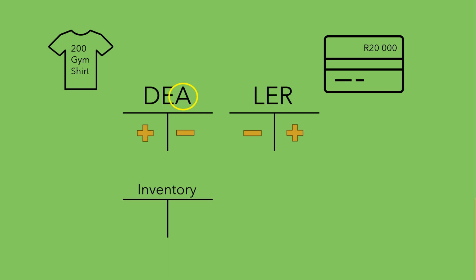It is increasing, so for that we will increase the debit side with 20,000 rand. While we bought the shirts on credit, which is a liability, and our liability is also increasing, meaning that our accounts payable will be credited with 20,000 rand.